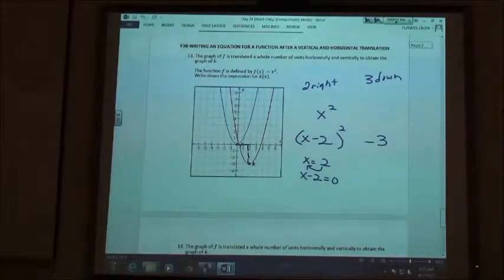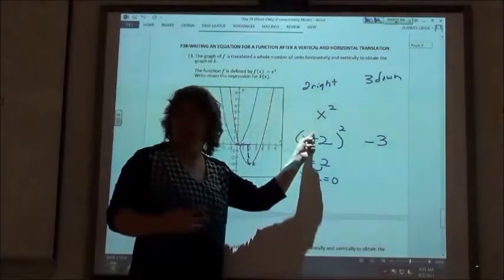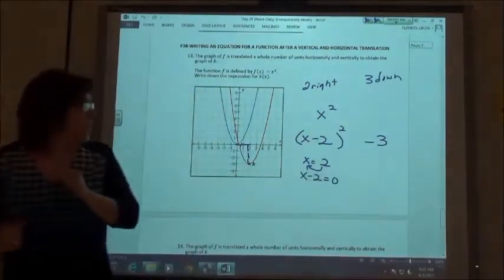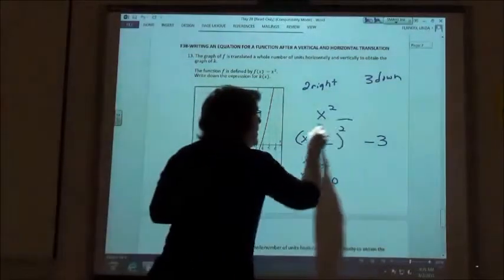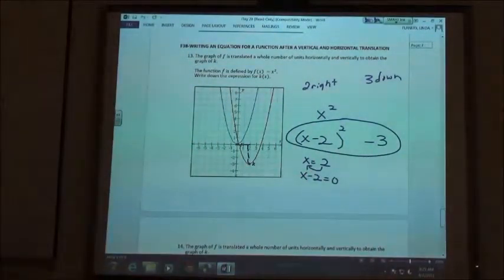If it's easier to think of it, think of that number as the opposite of what you would have had. If this is 2, it has to be minus 2. That is going to be the equation of your new graph. That's going to be your answer.